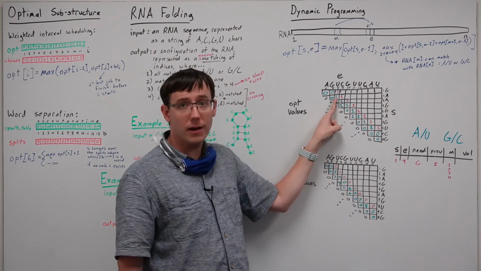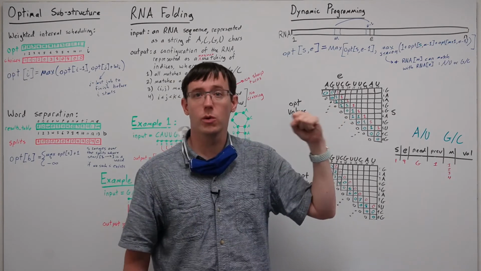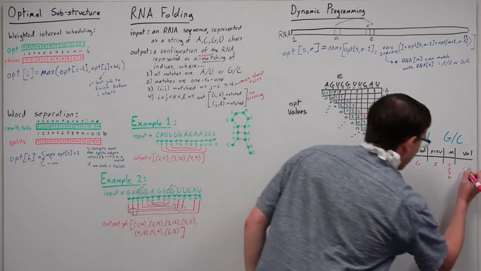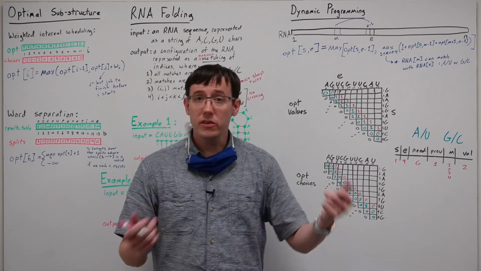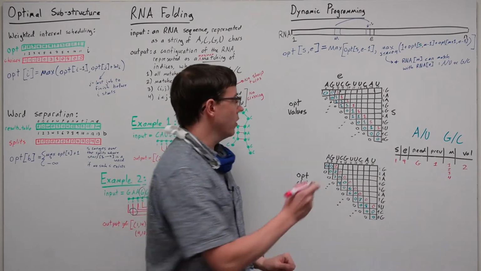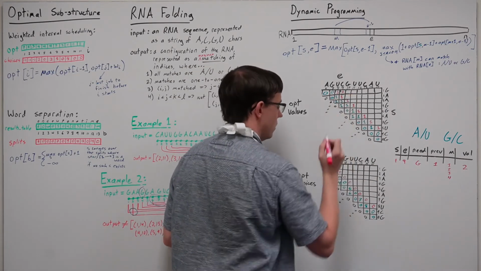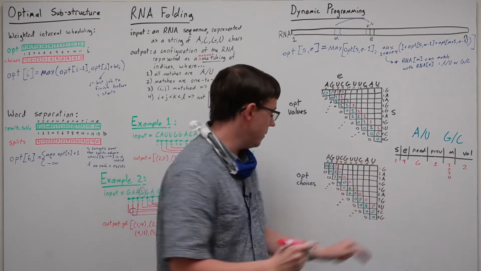And when we look in our opt table, we know that that subproblem already has a value of 1, and so now we have a way of making 2 pairings. This is the best we can do, so we'll skip the remainder, and our optimal value is 2, and the index that got us that is m equals 1.